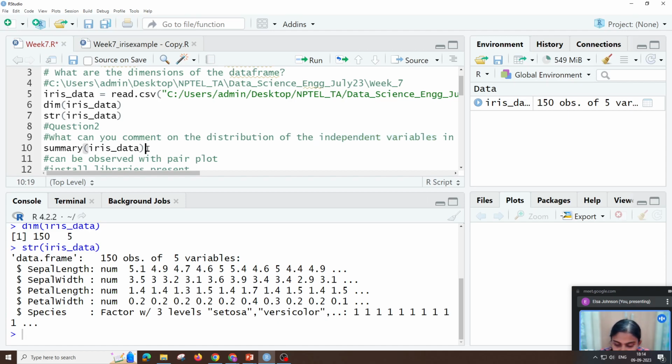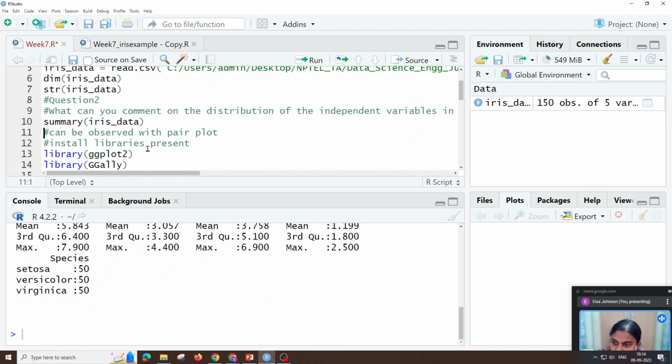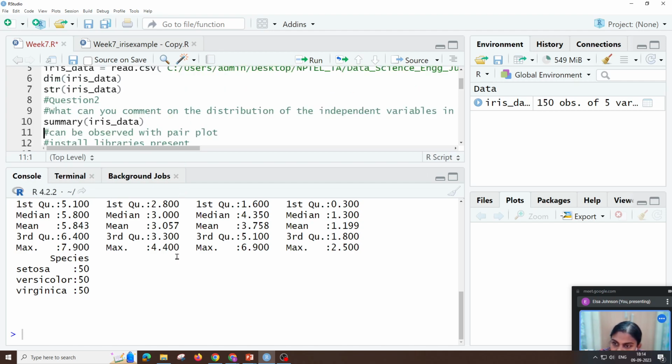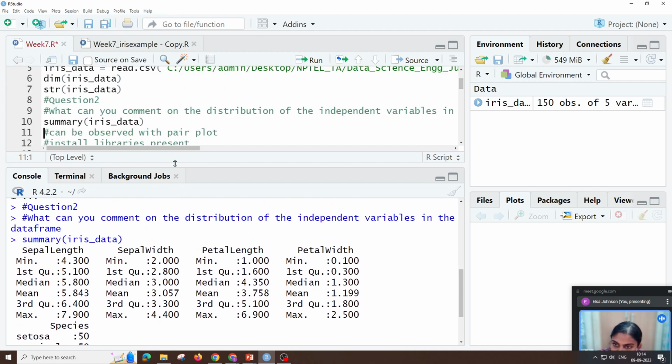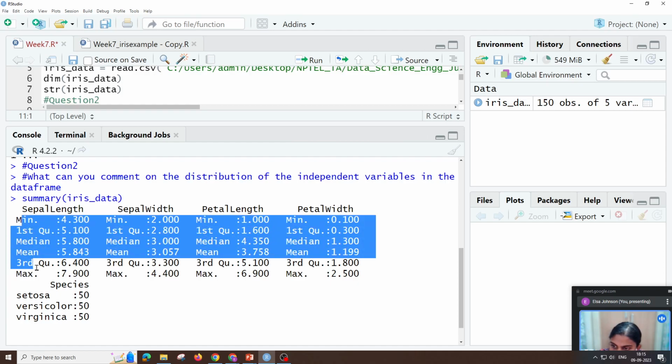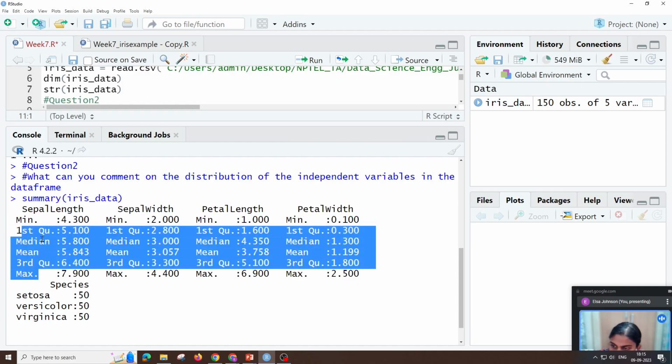So if you give the summary of iris underscore data, this is what is coming. As we have seen earlier, minimum, first quartile, median, mean, third quartile, max, everything will be coming.